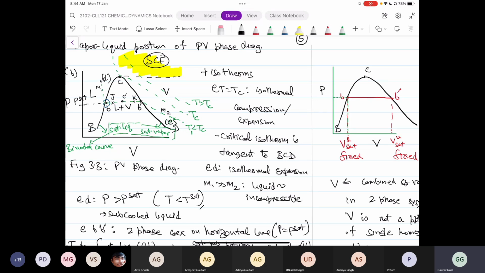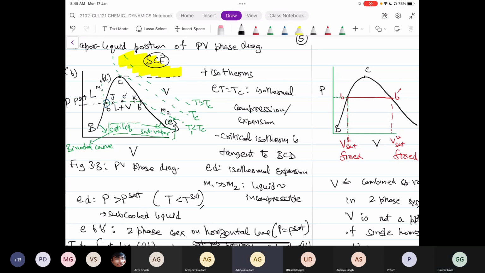But all states for us at coexistence, saturated liquid at specific volume V sat in equilibrium with the saturated vapor at a specific volume of V sat. Okay. Does that explain the various states I will see between B to B prime?